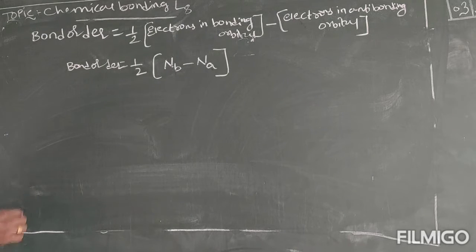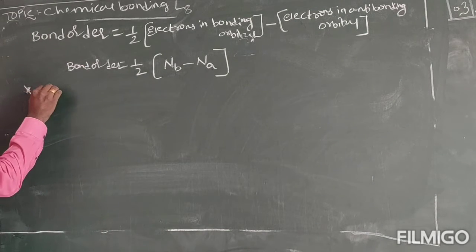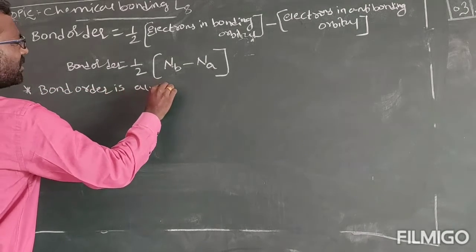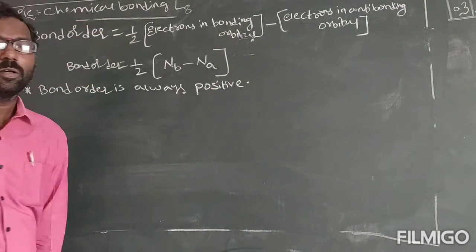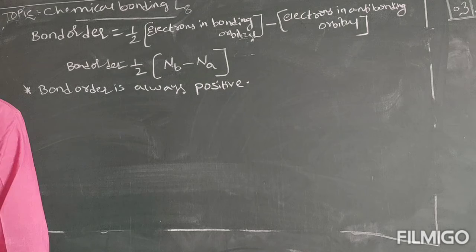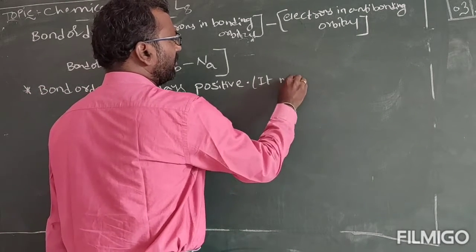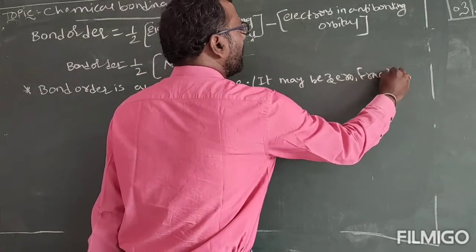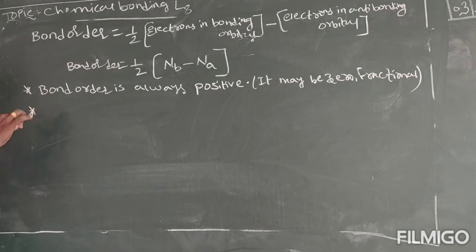The most important point you have to keep in your mind is bond order is always positive. And the next thing is it may be zero or fractional also, but it is always positive.